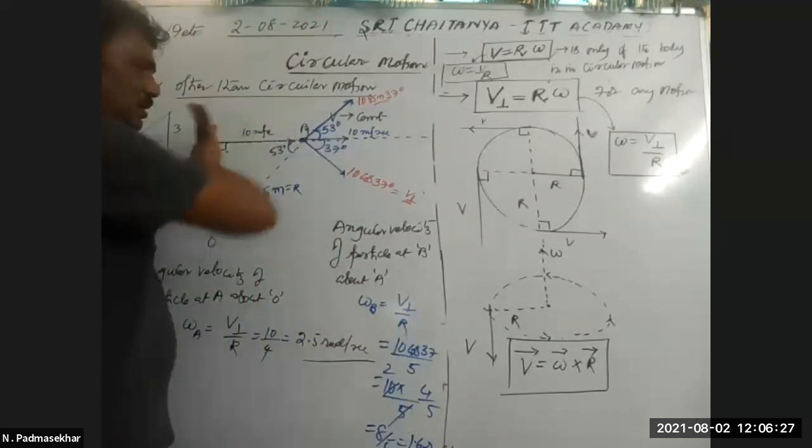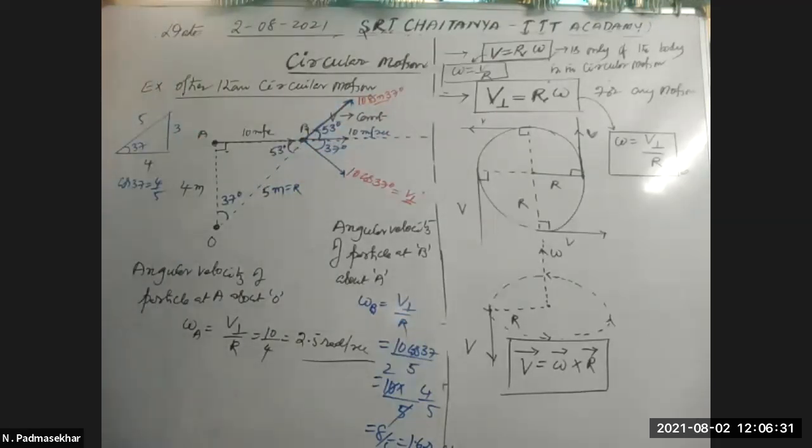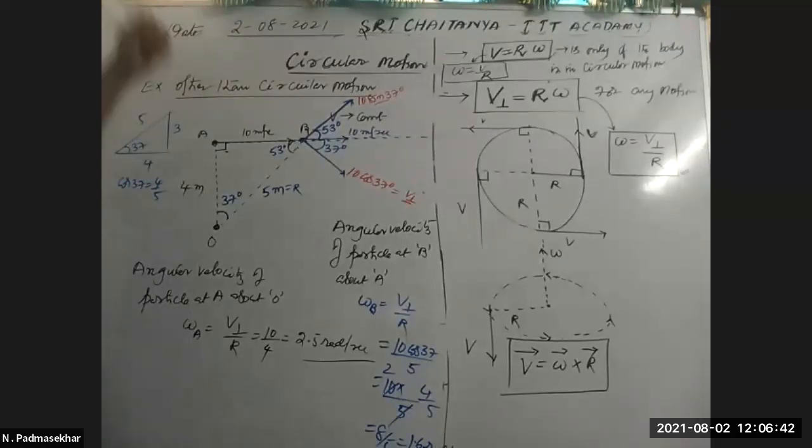The speed is constant, so it is going like this. The angular velocity is 1.6. Okay, so now another problem.